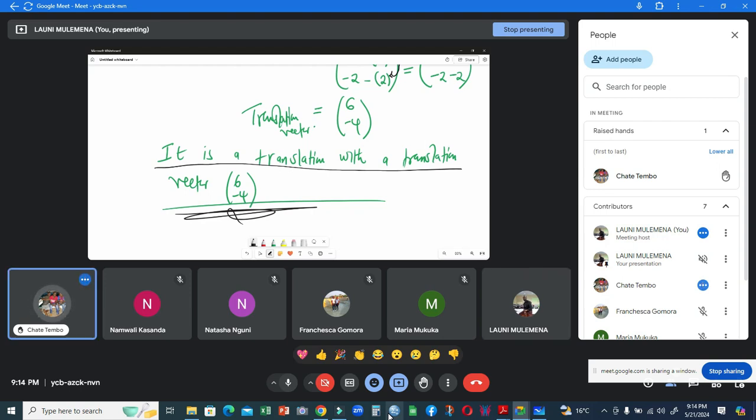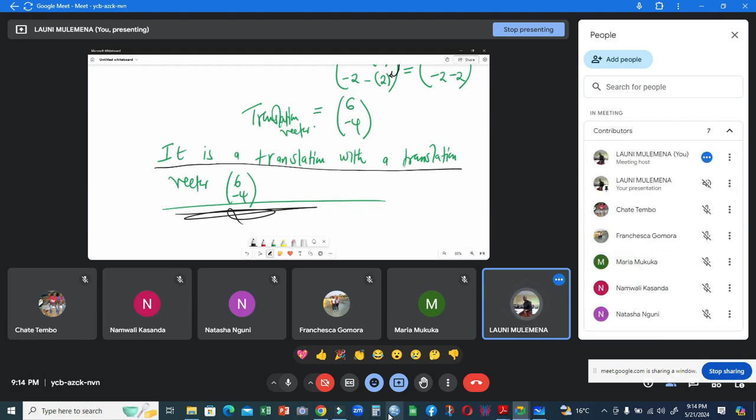Yes, sir. I just wanted to know, how can you know the difference between an object and the image? Okay. So with regard to that question, the good part is they will state it in the question. They will state it to say this object has been transformed to that object.